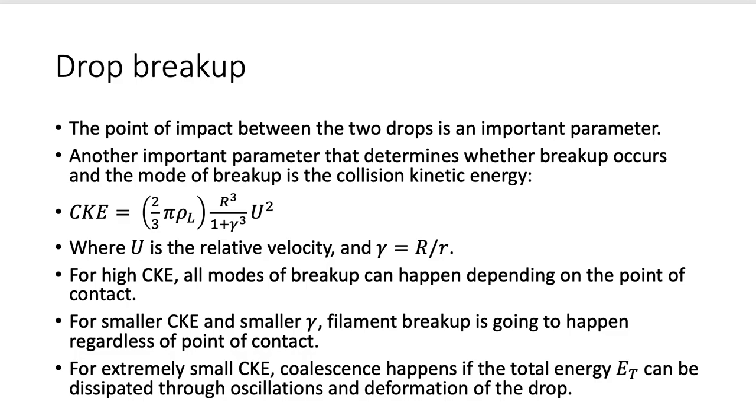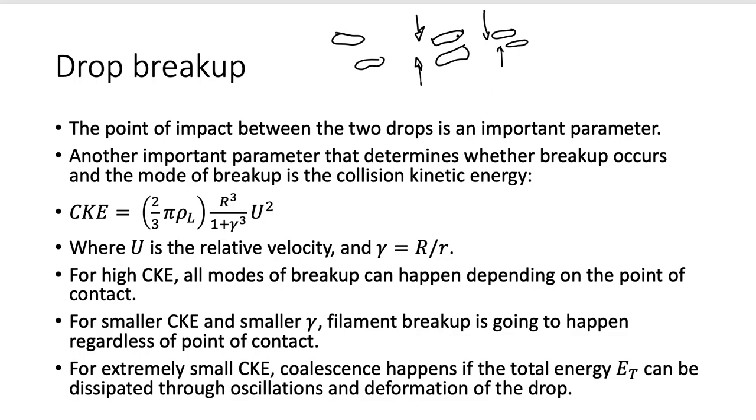Clearly, when you have two drops colliding, the point of impact between the two drops is obviously an important parameter, right? Because if they collide head-on, or if they collide sideways, suppose they're traveling in opposite directions, okay, for simplicity, these are going to have different effects, right?